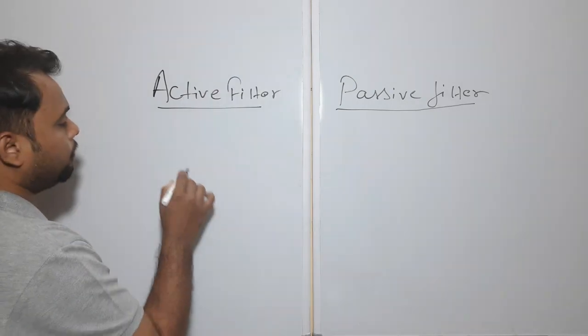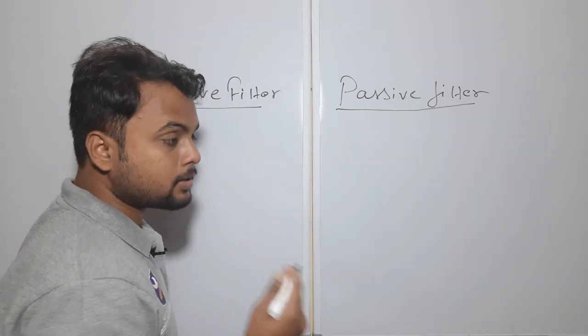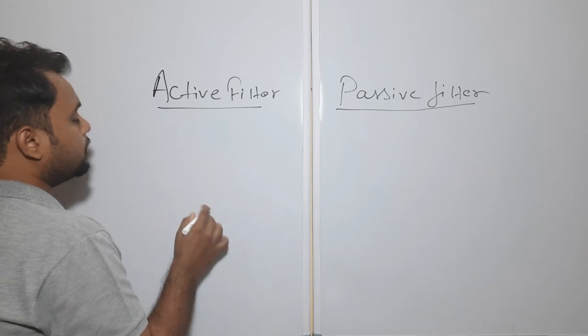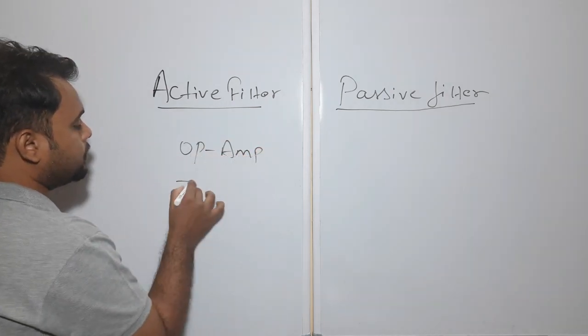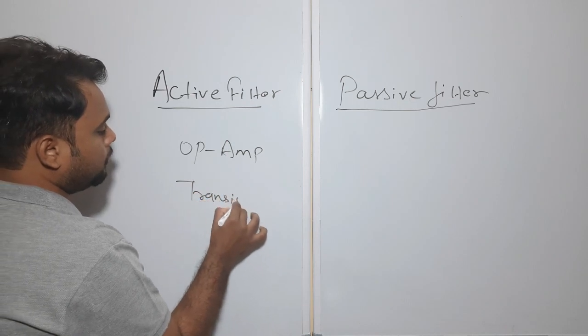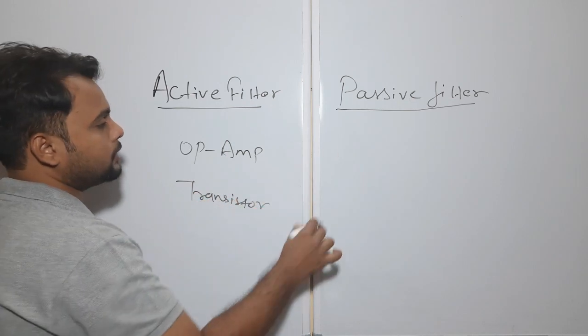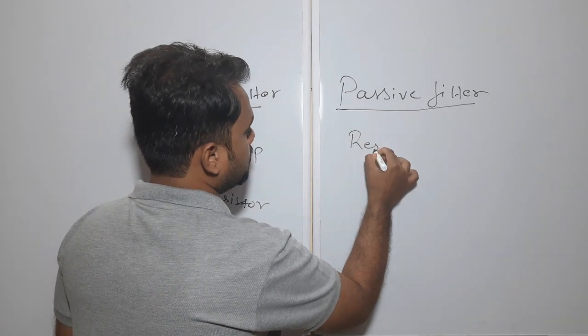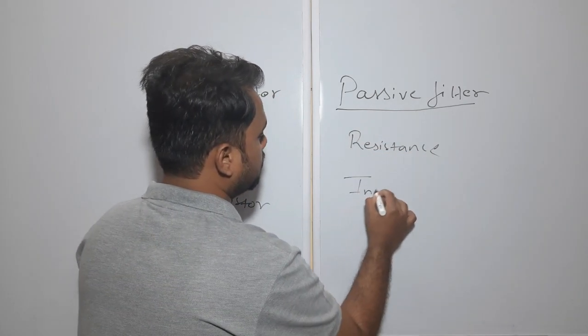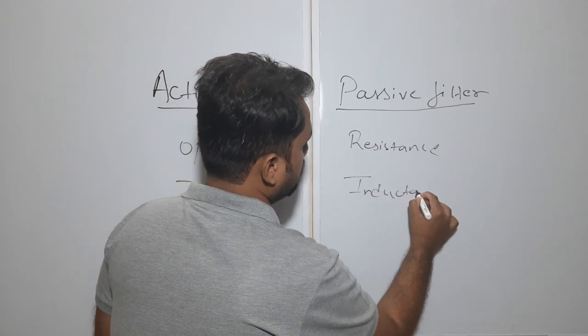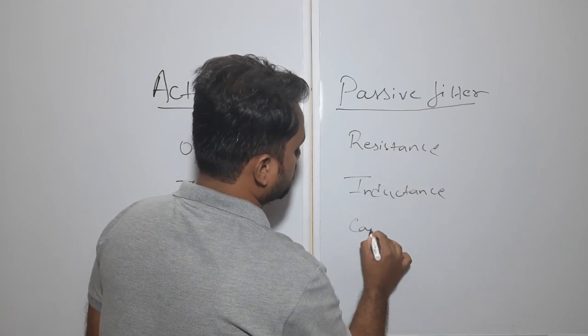Likewise, an active filter is a filter made with the help of an op-amp and a transistor, and a passive filter is a type of filter which uses resistance, inductance and capacitance.